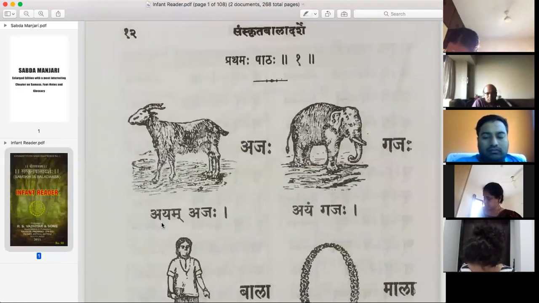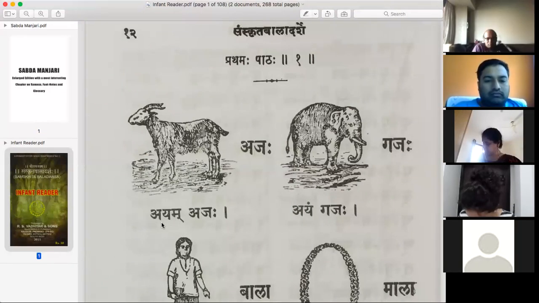Okay, so now we have identified the verb asti. Then all the nouns revolve around the verb. So you have to understand the verb also.